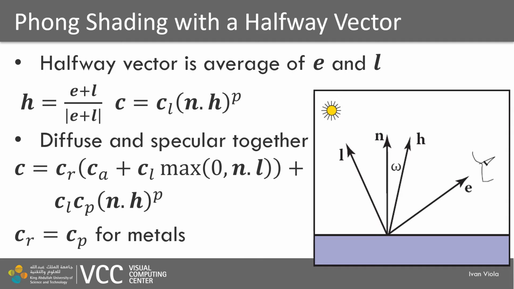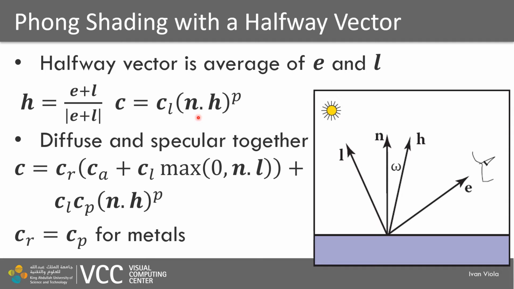So then the contribution of our specular highlight will be the strongest. So the more the halfway vector deviates from the normal, the bigger the omega angle is, the smaller the contribution from the specular highlight at that particular position.